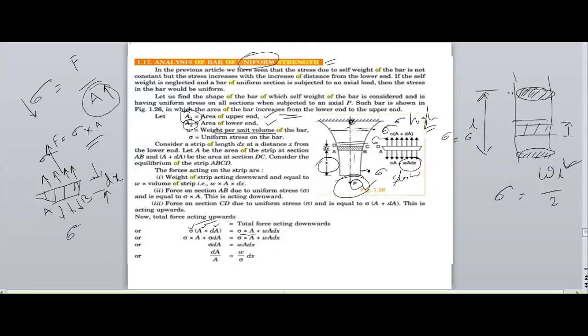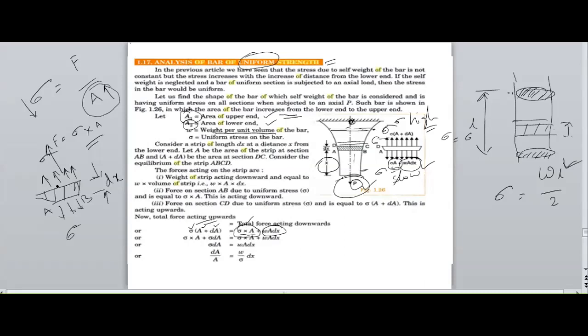Next, on the bottom side of the strip, we have the stress due to the external load as well as its self weight. Here, stress into area is the external load applied on the component, and omega into A into dx is the self weight of the strip.